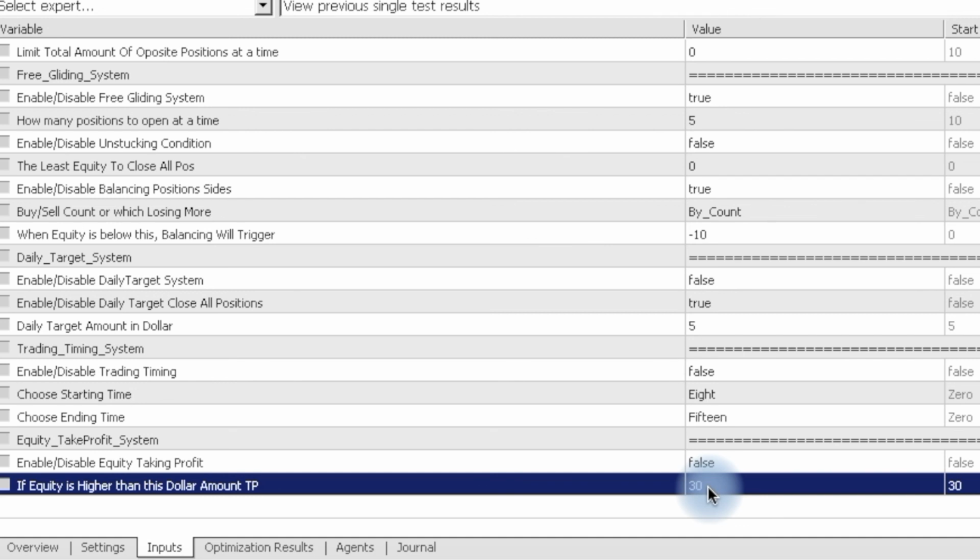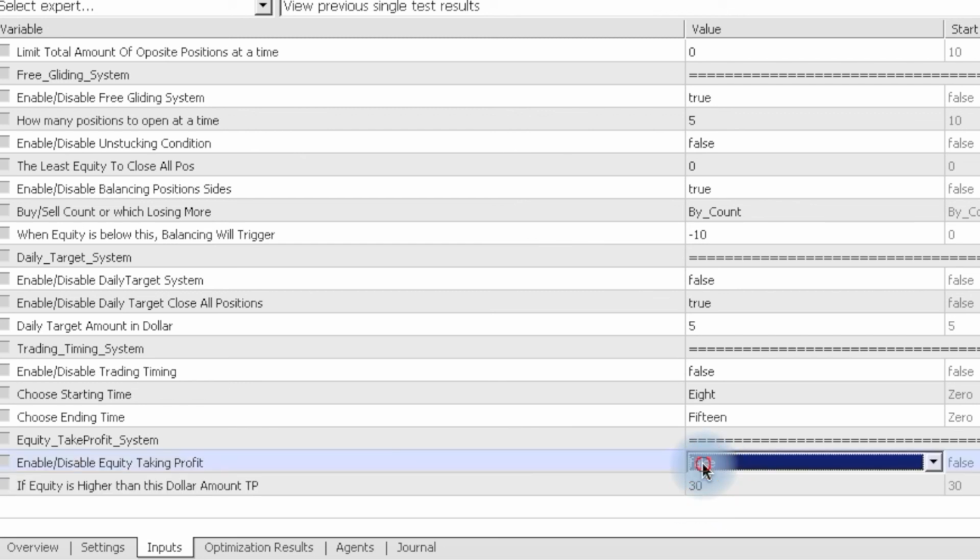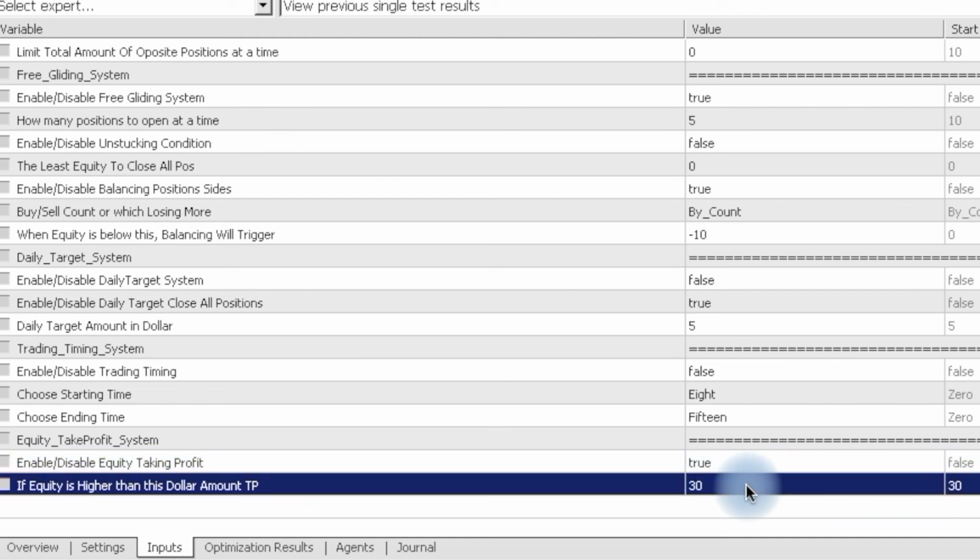It means $30 in price, but multiplied by leverage and my lot size. So this actually means 300. If I enable this, and at any time it sees that my equity has 300 in profit, it will close the positions that are open now.